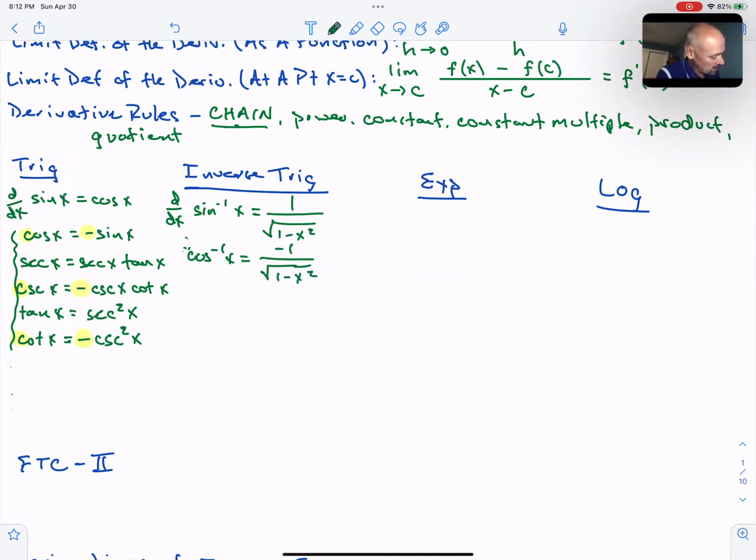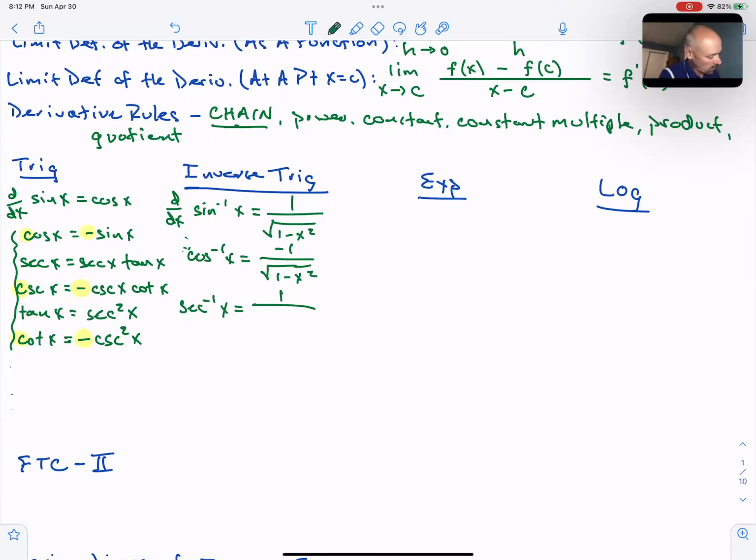d dx of arc secant can be 1 over, well, just because d dx of secant x was secant x tan x, this one's going to have a little bit more.